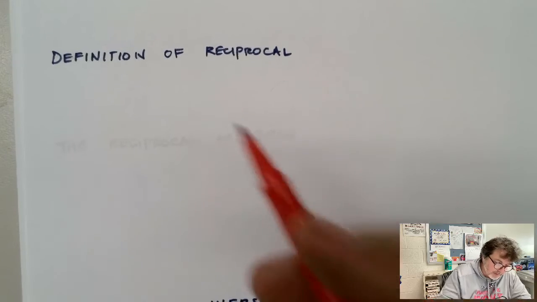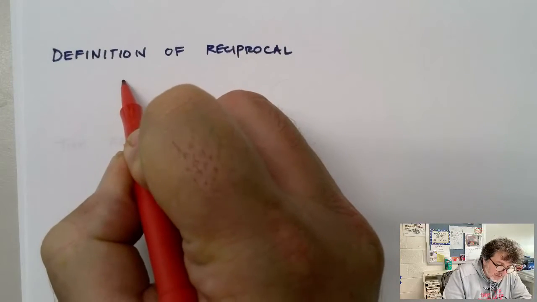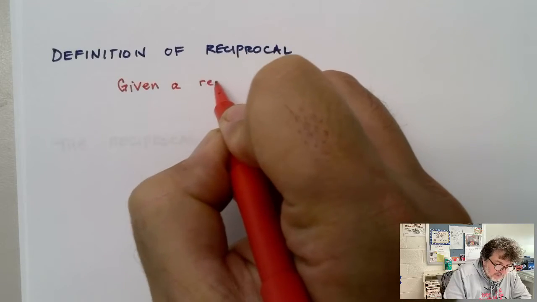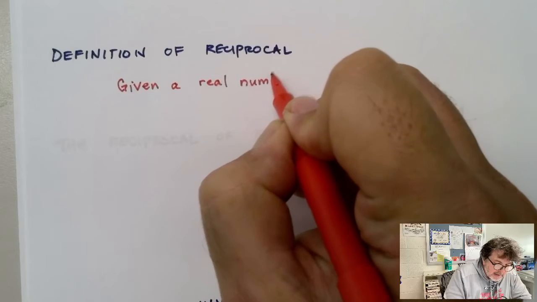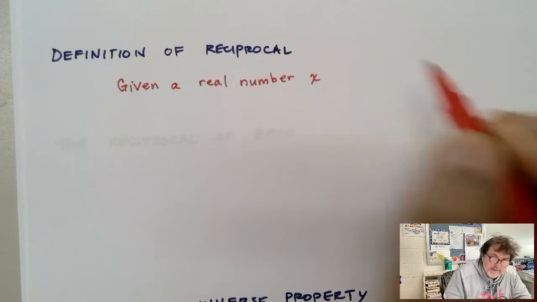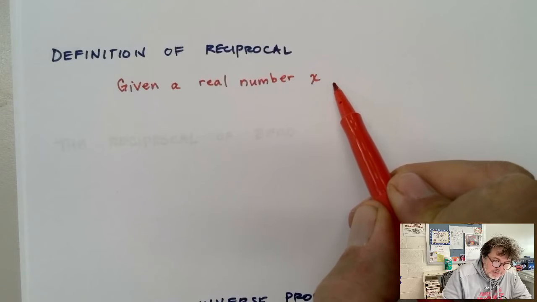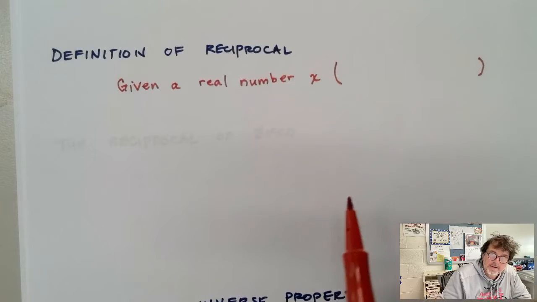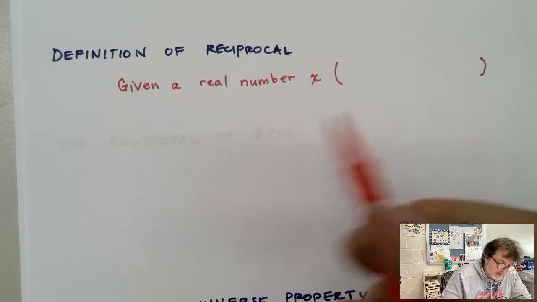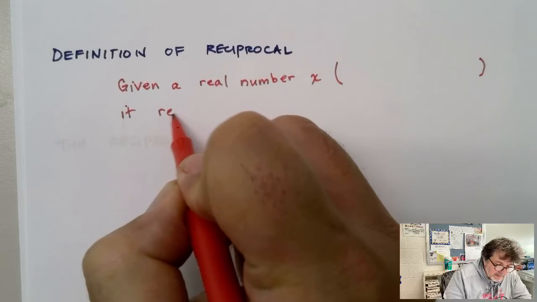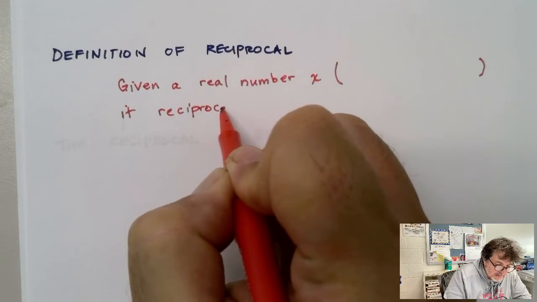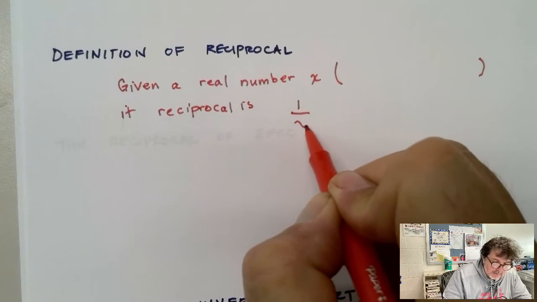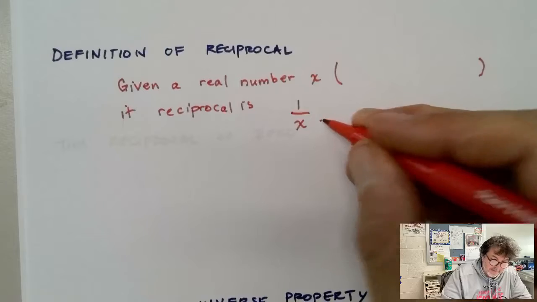I would say, given a real number x, and I'm going to leave a blank here, so leave a good 2 inches in your notebook, its reciprocal is 1 over x. That's the definition, 1 over x.